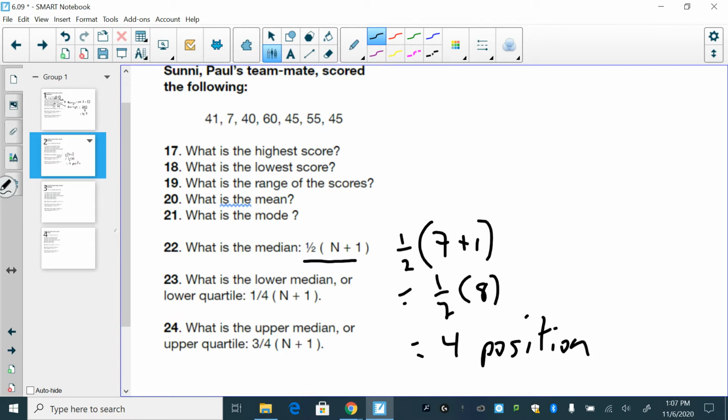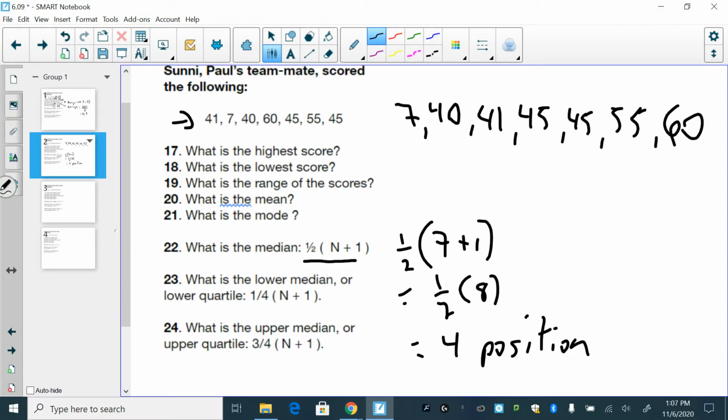Of course, we didn't make a table, so I'm going to write these numbers from lowest to greatest. So 7, and then we've got 40, 41, 45, 45, 55, and then 60. So the fourth position, 1, 2, 3, 4, that's this one, is the median. So that means the median is 45.